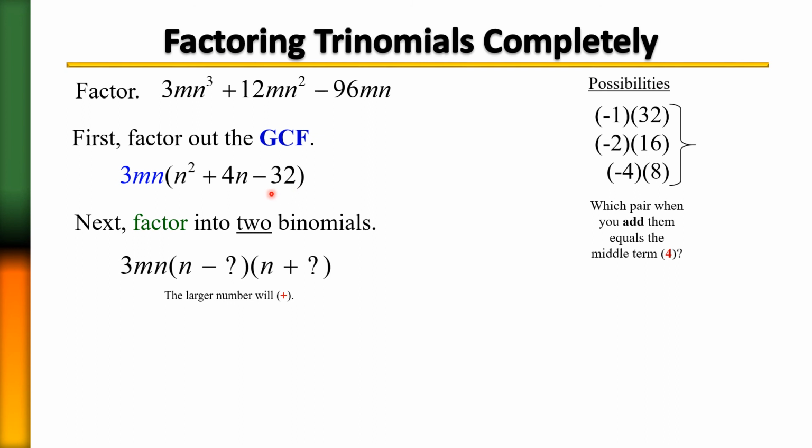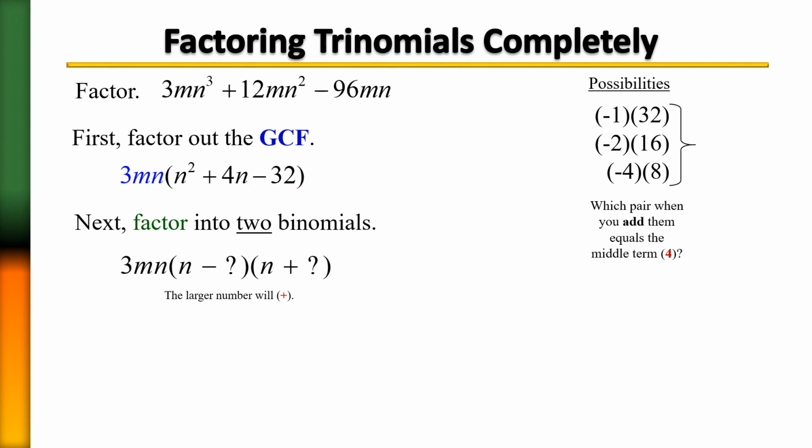And those same two numbers, if you were to add them together, they're going to equal your middle term of positive 4. Just be careful when you're factoring these types of trinomials that you don't look at the original trinomial. Once you factor it, you don't look at the original no more. From then on, you're going to be factoring the second trinomial, which is n squared plus 4n minus 32.